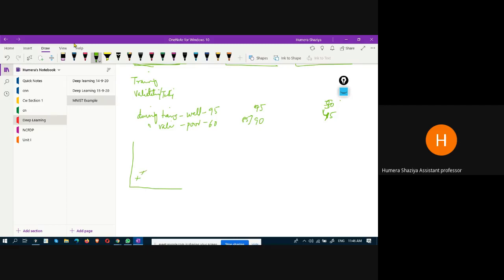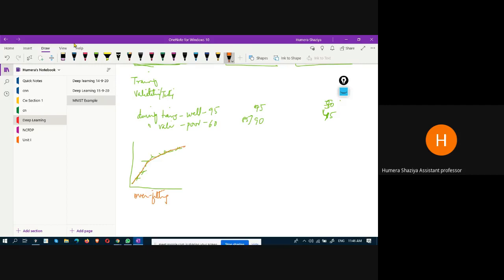You can also talk in terms of overfitting, underfitting, and right fit. If you have data items like this, and if you get a curve like this, that is tight fitting. This is overfitting. Overfitting means our training is able to understand everything related to the data items.